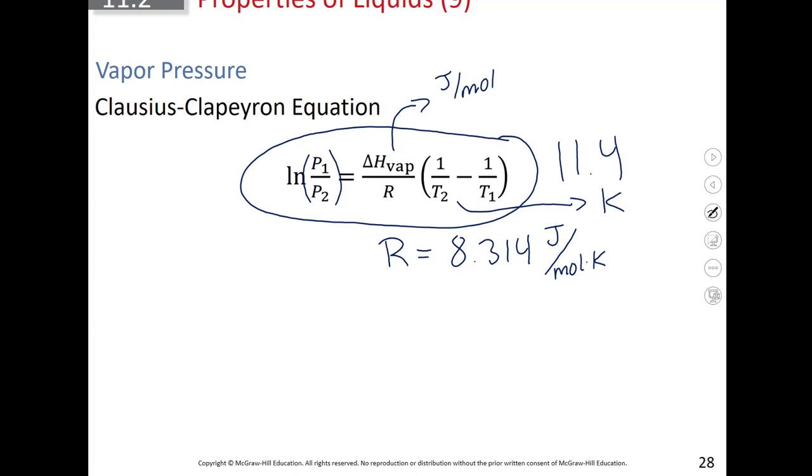Do you think I'm going to give it to you in Kelvin? No, what am I probably going to give it to you in? Celsius. So this equation, pretty straightforward as long as you can find the natural log button on your calculator. Natural log, not log log. So this is natural log base e, not log base 10. So you don't need to understand the trigonometry as long as you can find the log button on your calculator. You'll be fine.